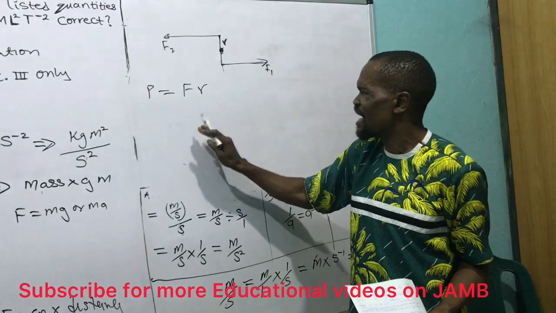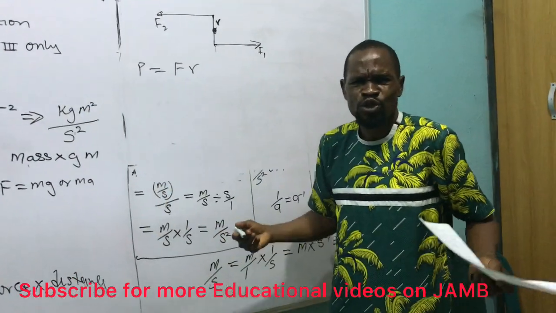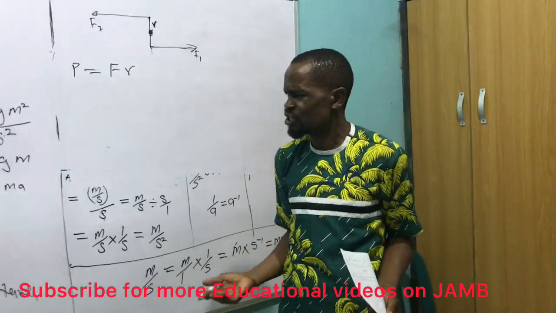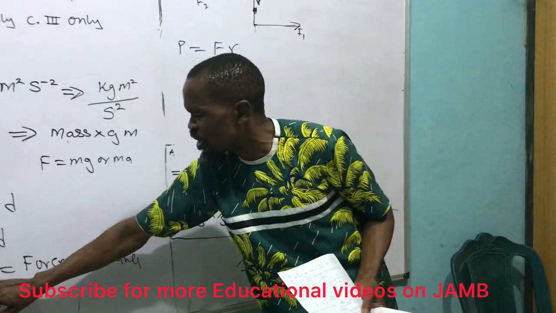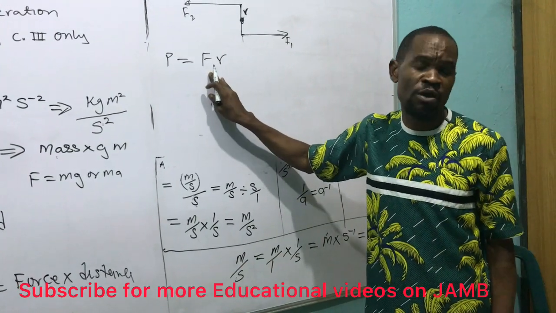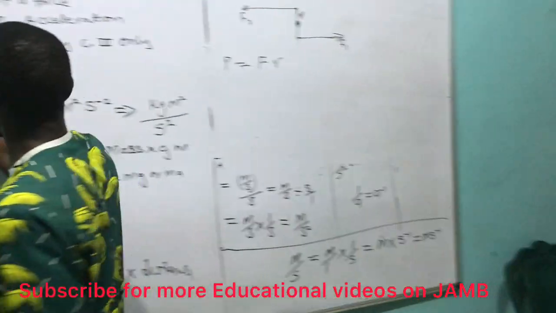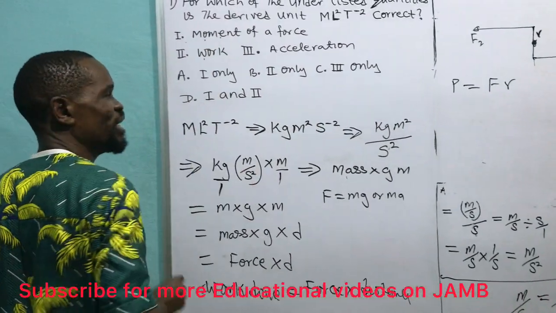Therefore, since this has a unit called joule, and the work done has a unit called joule, they have the same dimension. This dimension gives me work done, and therefore this dimension will give me moment of a force. Therefore, the correct answer here is work done and moment of force.